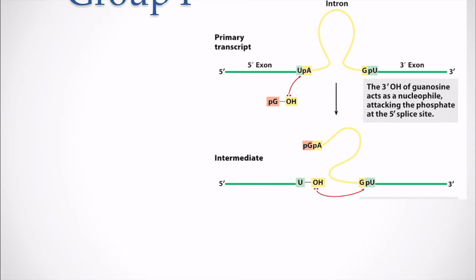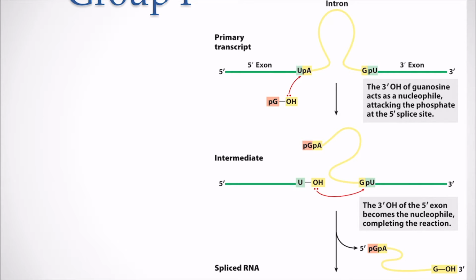And then your 3' OH is going to be displaced, and this is going to act as a nucleophile for the 3' end. And then finally, you're going to get the intron with the 5' guanosine at one end and that OH group at the 3' end released.